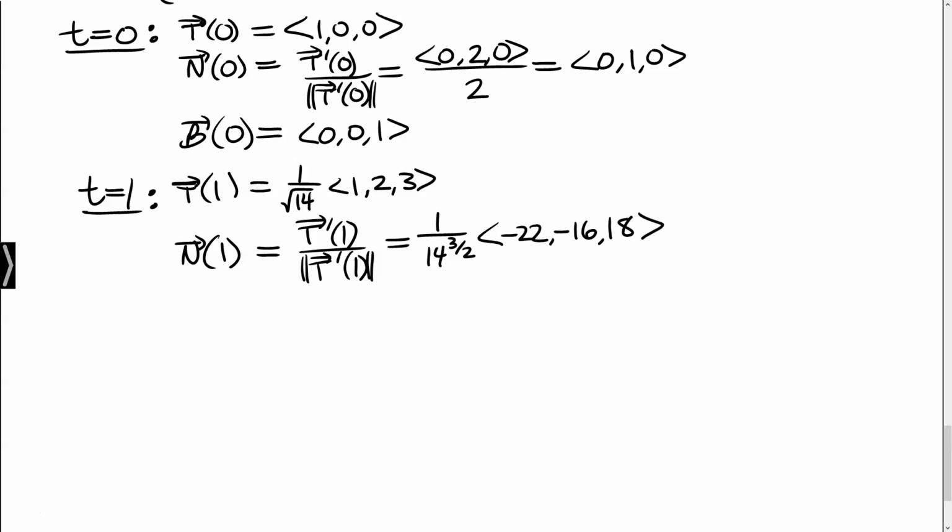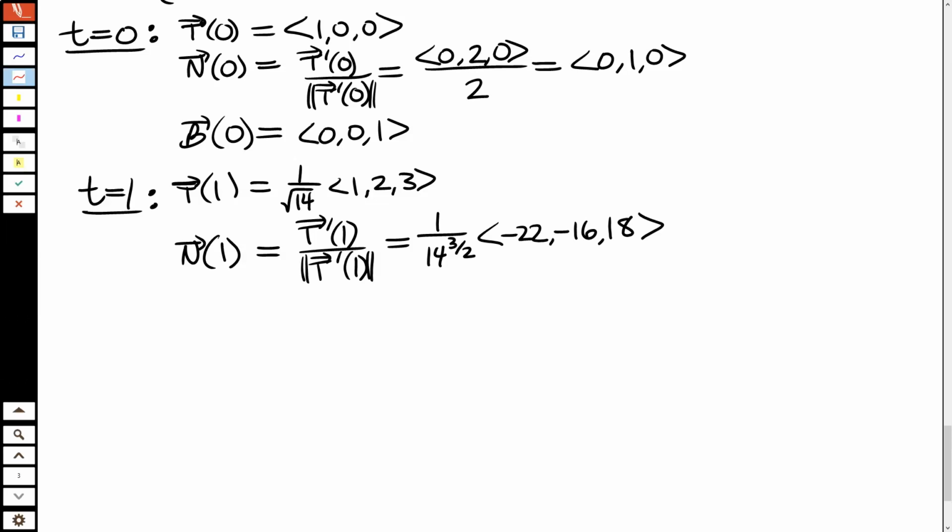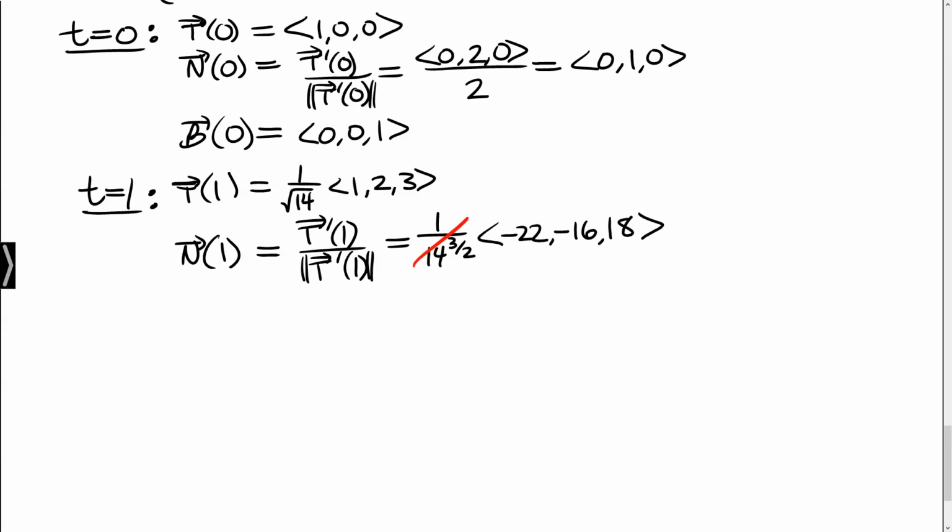I can completely ignore this 1 over 14 to the 3/2 as far as normalization, and I can even multiply through by any positive scalar. So I could factor out 2, and really I'm just going to normalize negative 11, negative 8, positive 9.